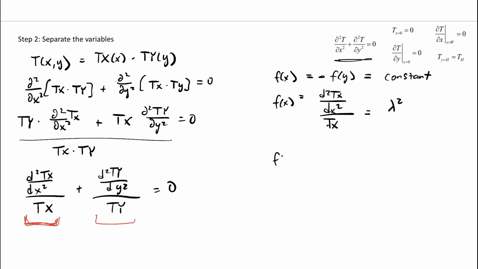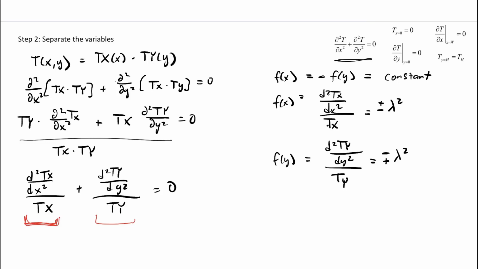And then f of y here is just the same thing, d squared Ty over dy squared over Ty, and that also has to be lambda squared, but these have to be opposite signs. We don't actually know which one is going to be plus and which one is going to be minus. We just know that they have to be opposite signs. So this one can be plus or minus up here, and this one then has to be the opposite sign, so minus or plus. We'll just write it kind of flipped around.